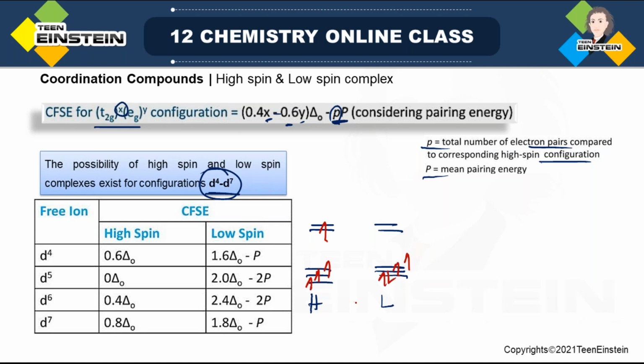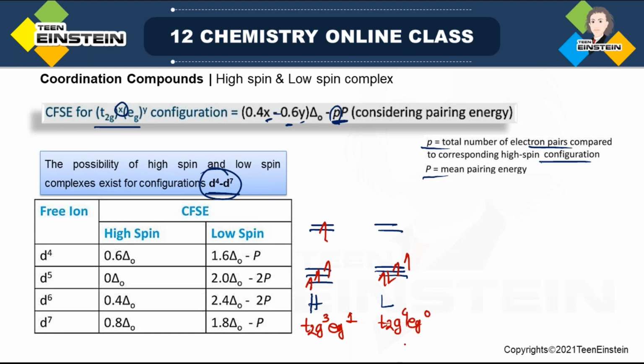Now the calculation is also different when it is high spin and when it is low spin, fine. So the CFSE value when it is high spin will be 3 electrons in t2g, so this is basically t2g3 eg1. And for low spin, it is t2g4 eg0.